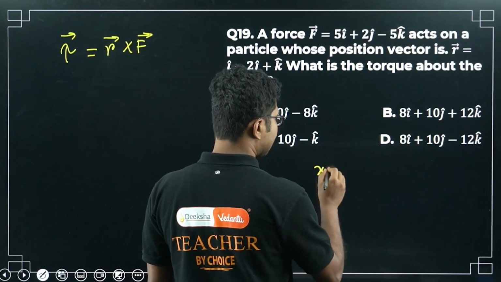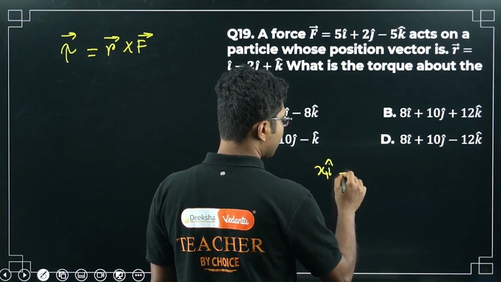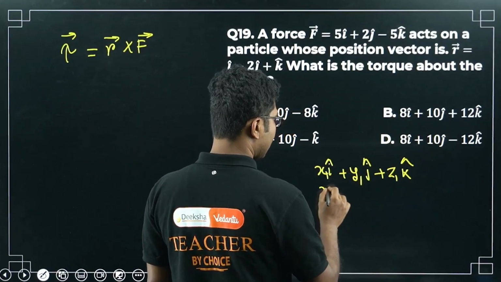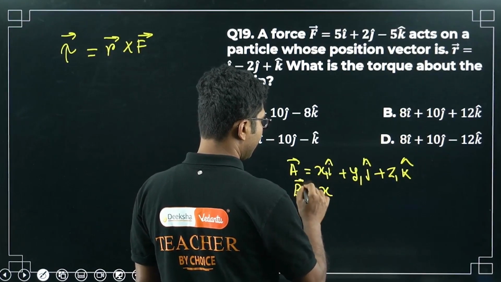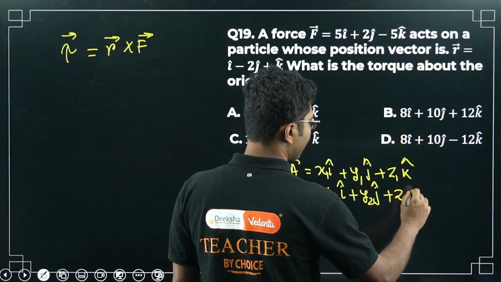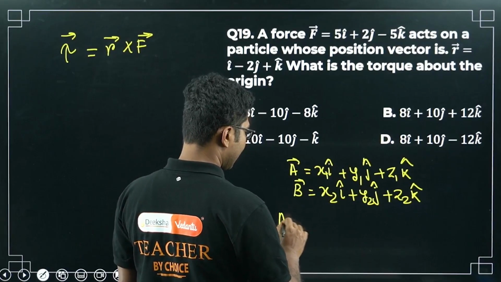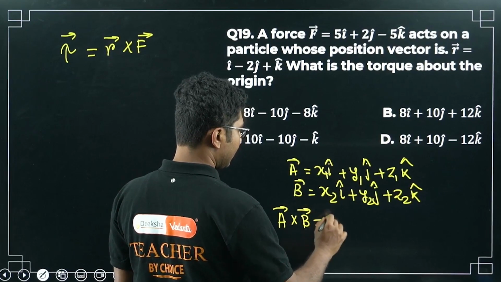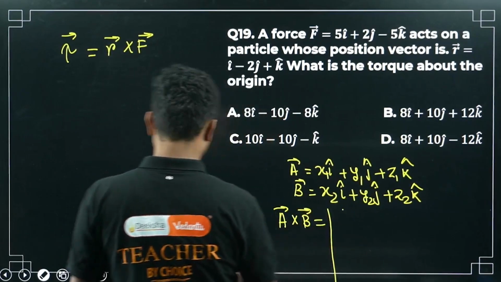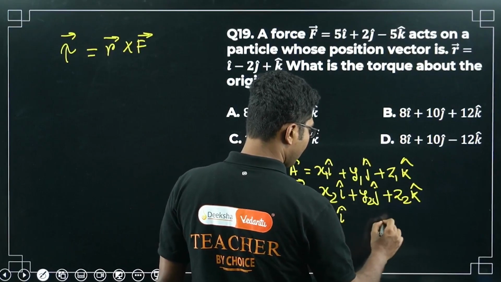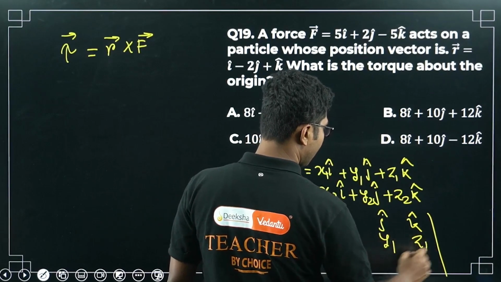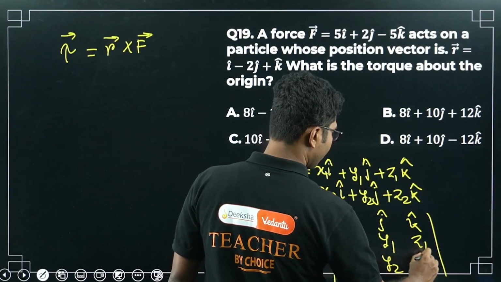So if two vectors are there, vector A is x1 i cap plus y1 j cap plus z1 k cap, and another vector, vector B, is x2 i cap plus y2 j cap plus z2 k cap, then you can write vector A cross vector B as the determinant with rows i cap, j cap, k cap, then x1, y1, z1, then x2, y2, z2.